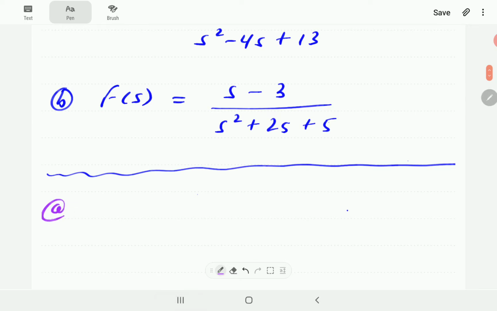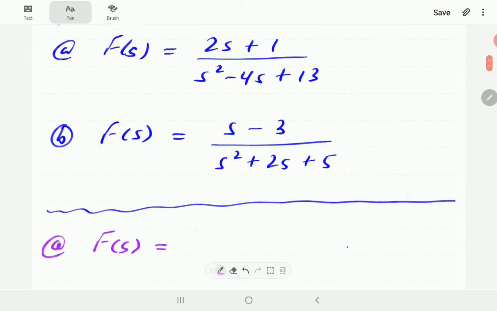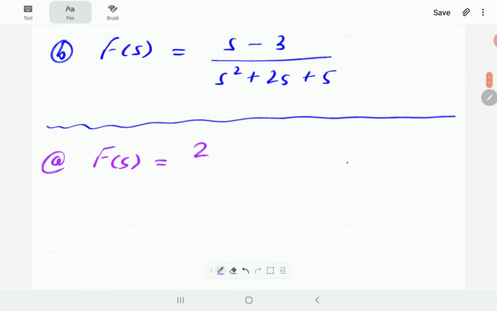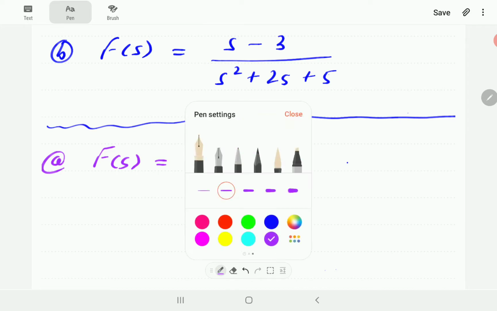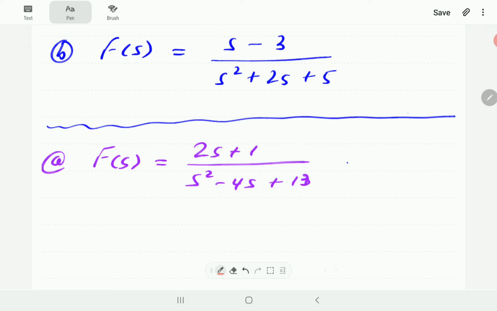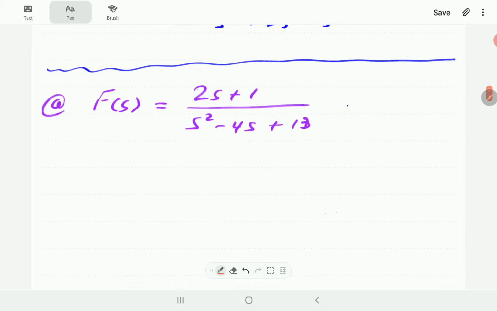Now, in the first video, part 1, we mentioned that the first thing we always want to do when we have a problem like this one, for which we want to find the Laplace transform, is to factorize the denominator. So here we have s squared minus 4s plus 13.